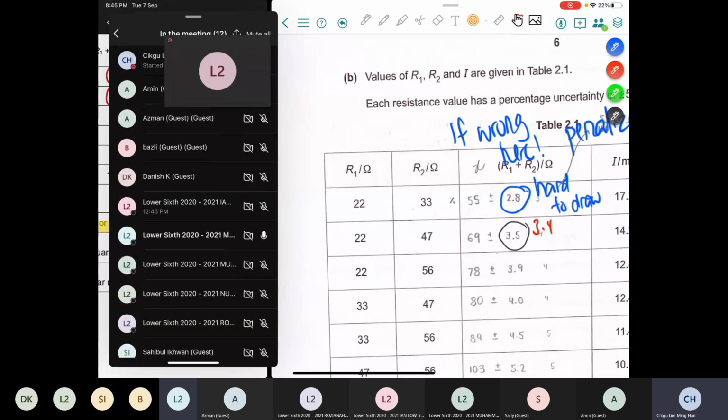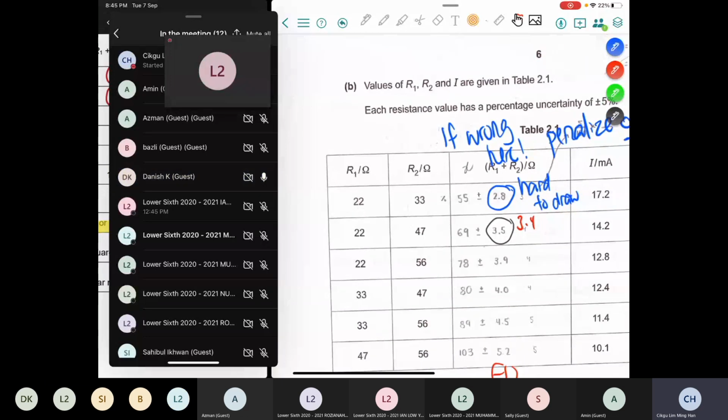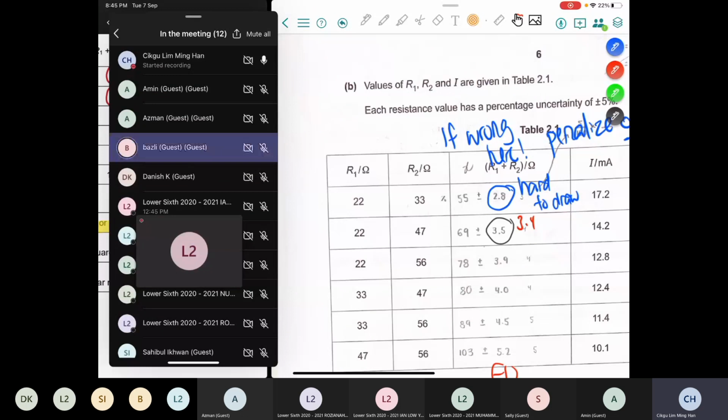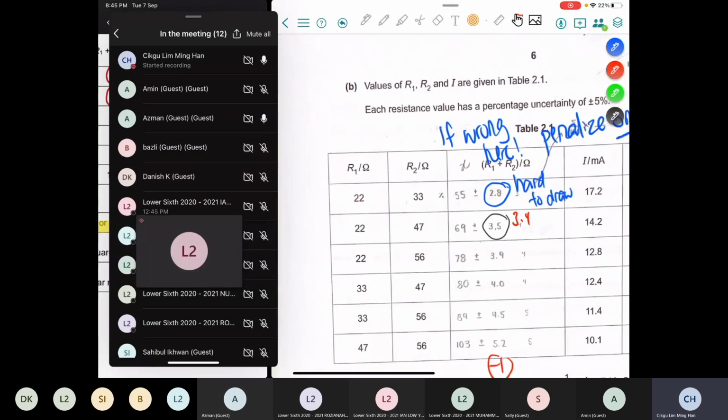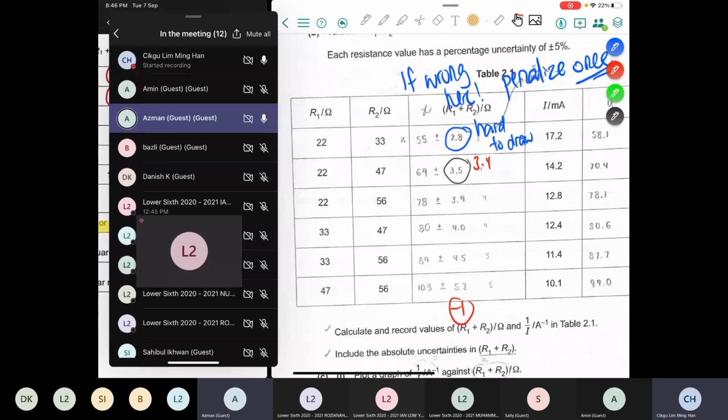Okay. Danish K. Sorry sir. Nada sir. Nada. Bazli? Nada sir. Okay. So Asman? Aku okay sir. Lepas yang Amin tanya yang uncertainty tadi. Okay. And the last one is Amin. Yeah.